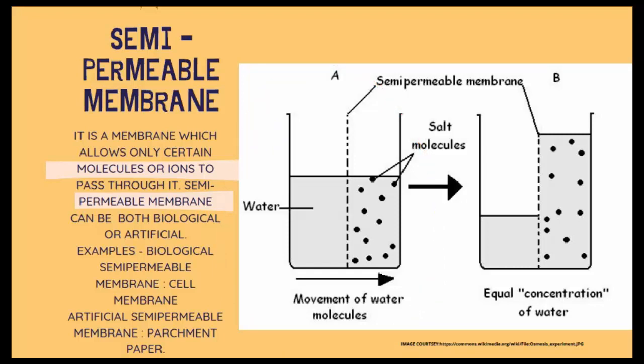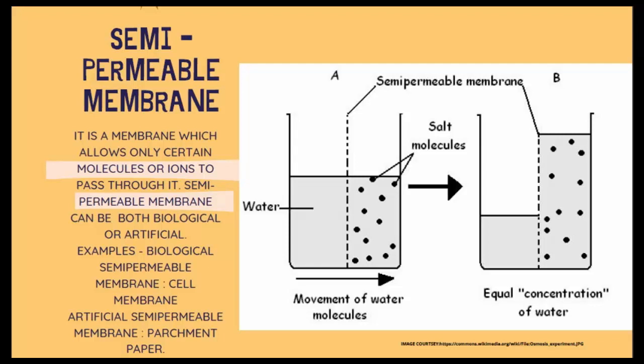Here we can say the salt molecules are present and the concentration of water molecules is much less over here. That is why movement of water is taking place from its region of higher concentration to its region of lower concentration.